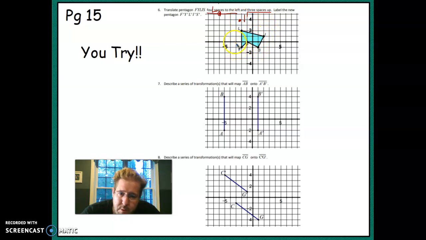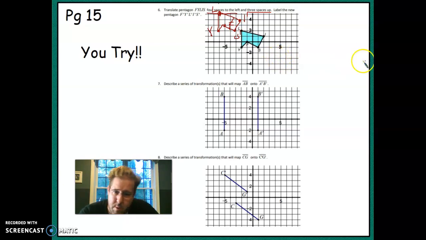Same for S prime, F prime, and Y prime. Once I connect them all up, ladies and gentlemen, it is going to be the exact same shape, only it's been slid to the left and up.